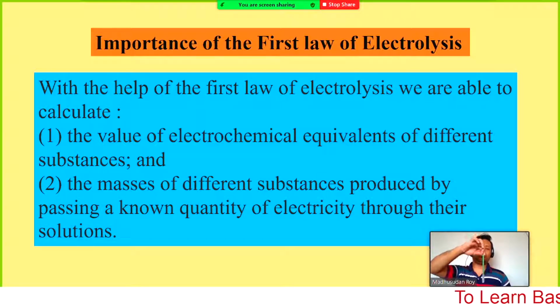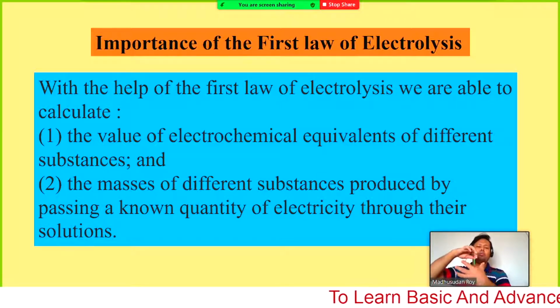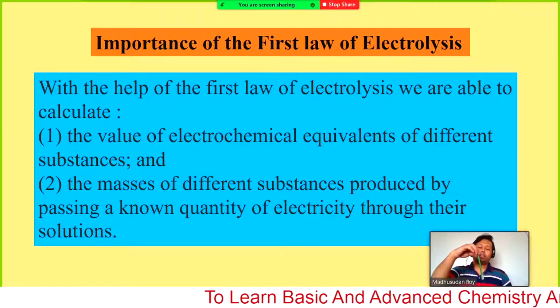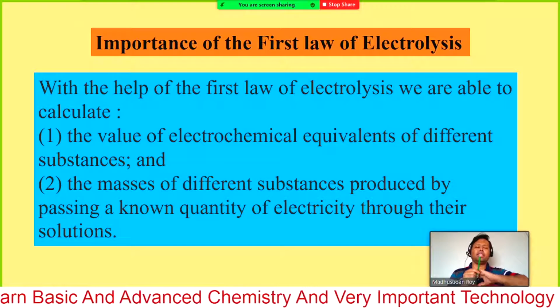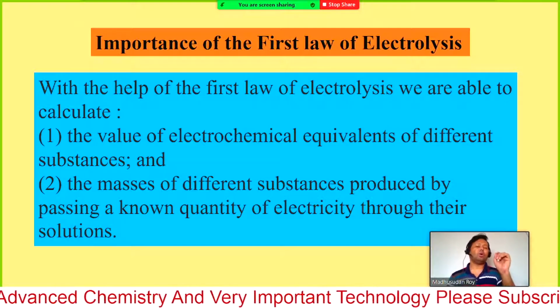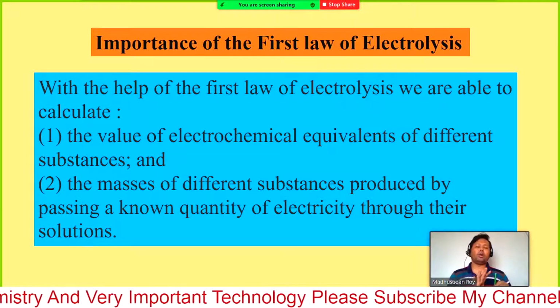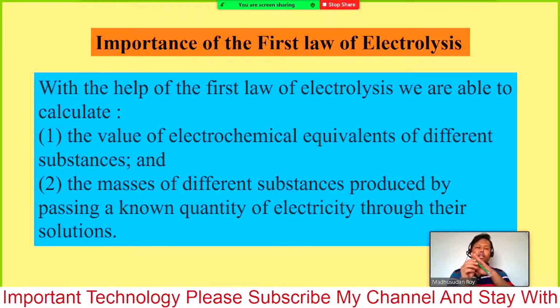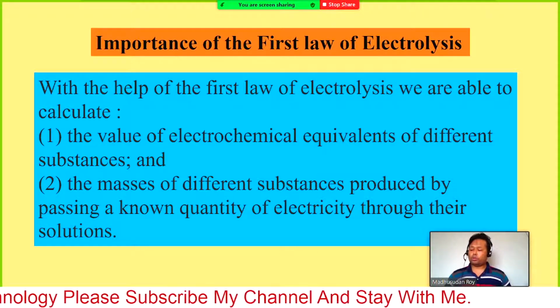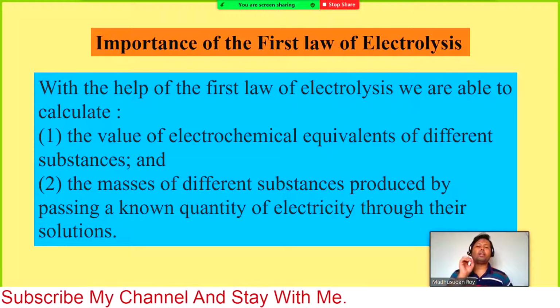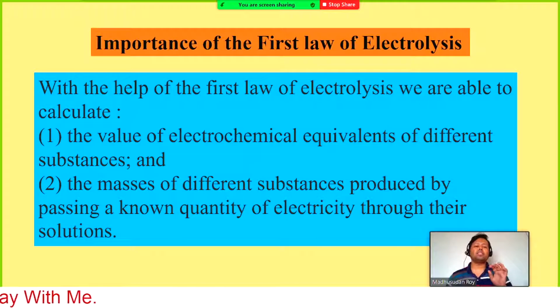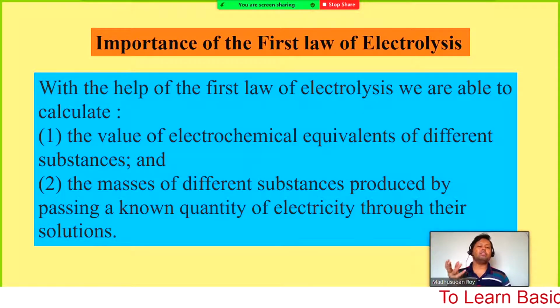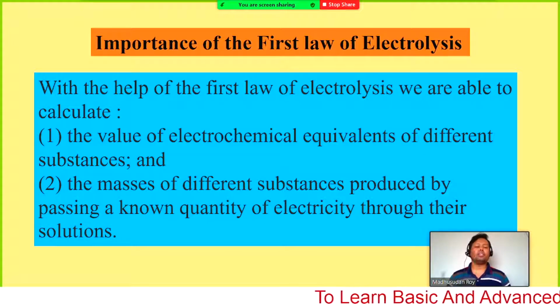If you use this as the electrode and you have some electrolyte, and you want a very thin surface coating, maybe 1 gram or 0.1 gram of the electrolyte needs to be deposited over that. So to deposit 0.1 gram of the substance on that electrode, if you can calculate how much electricity you need to pass and for how long, then you can use it.